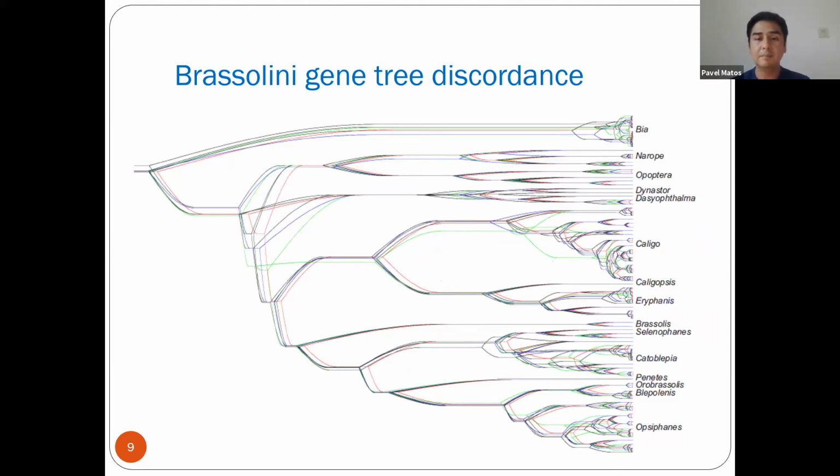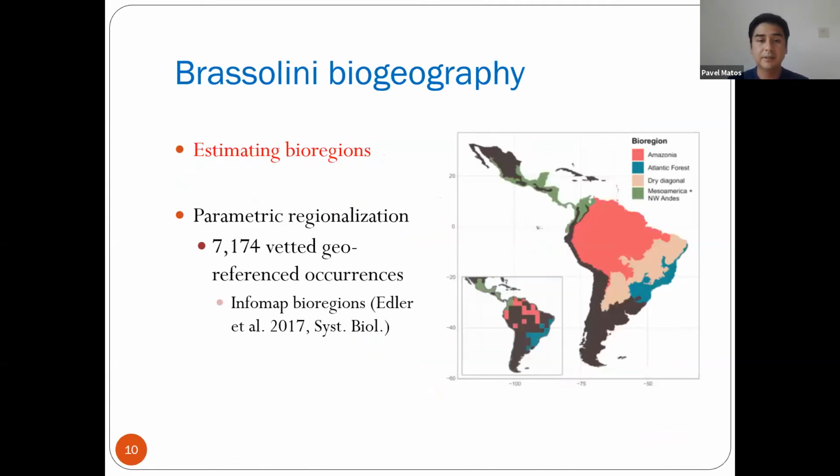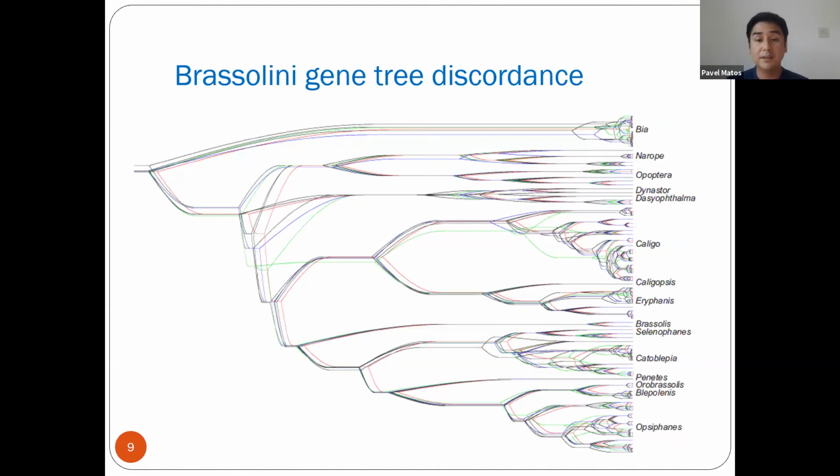Because we see that at some places in the phylogeny there has been some gene tree discordance, meaning that some gene trees have different tree topologies than others. For example, if you can see my mouse here, close to the root of the tree. So the multi-species coalescent can deal with such gene tree discordances coming from incomplete lineage sorting.